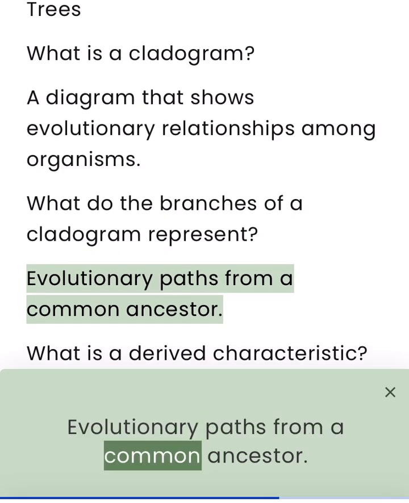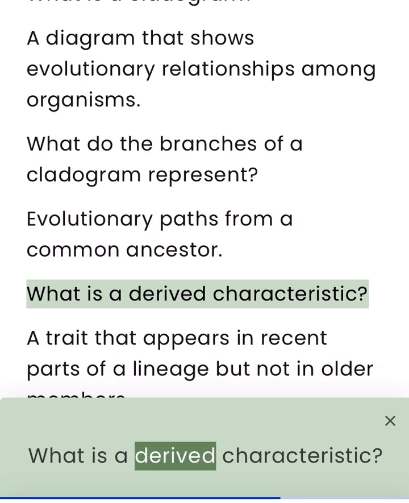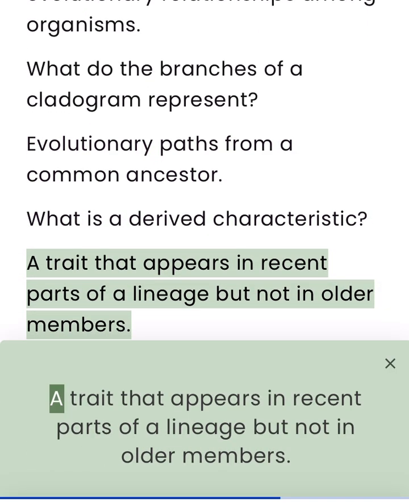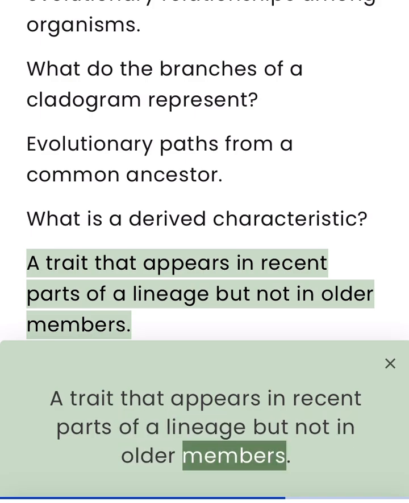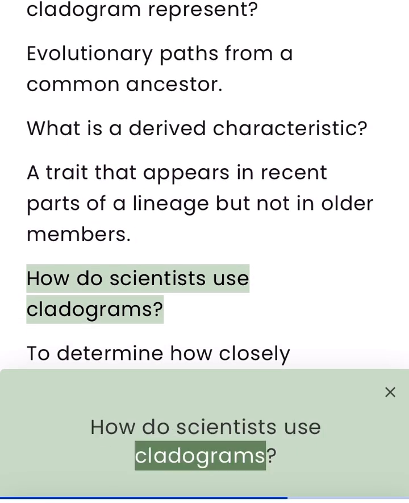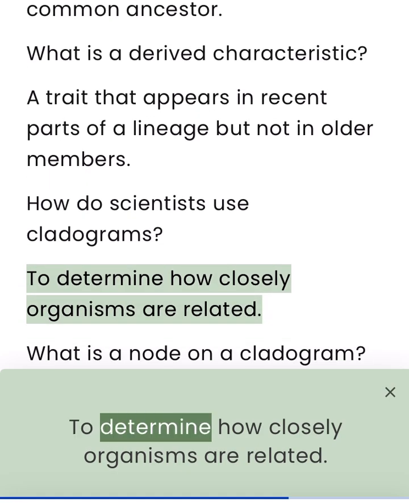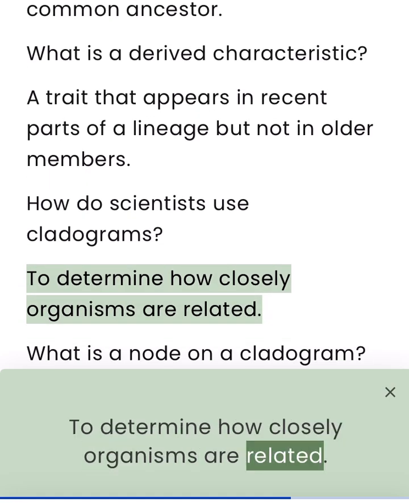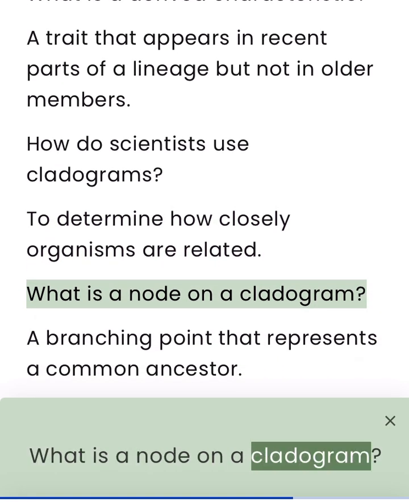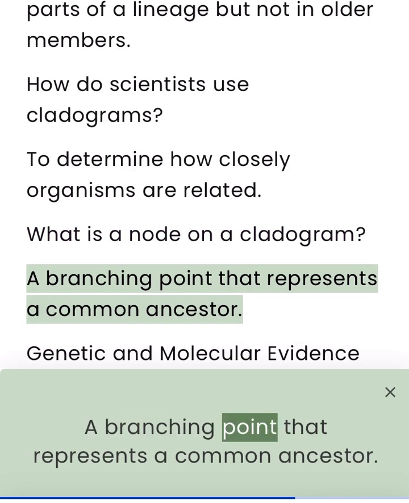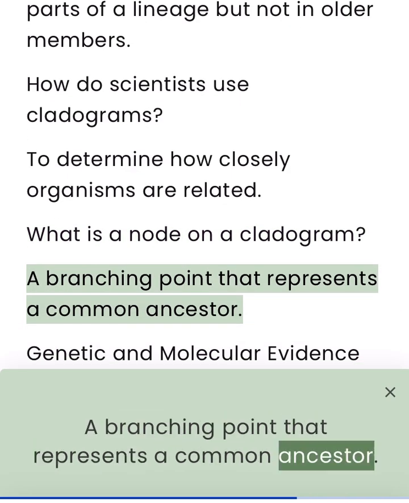Evolutionary paths from a common ancestor. What is a derived characteristic? A trait that appears in recent parts of a lineage but not in older members. How do scientists use cladograms? To determine how closely organisms are related. What is a node on a cladogram? A branching point that represents a common ancestor.